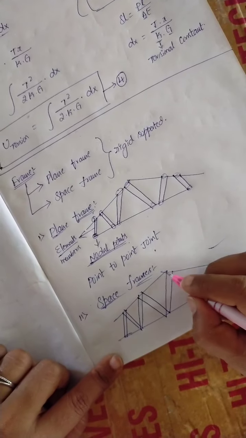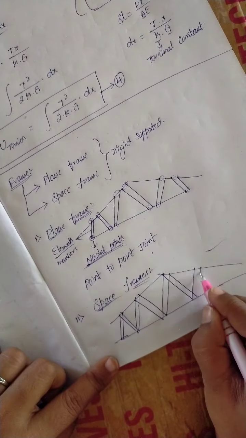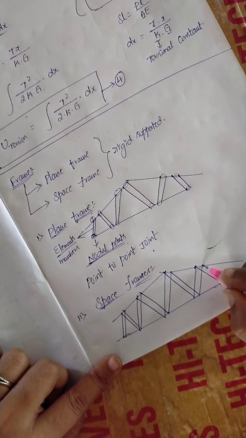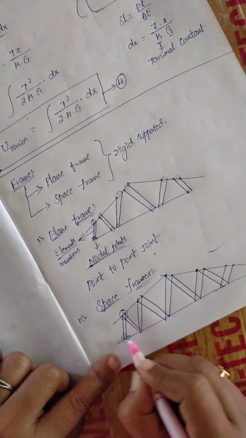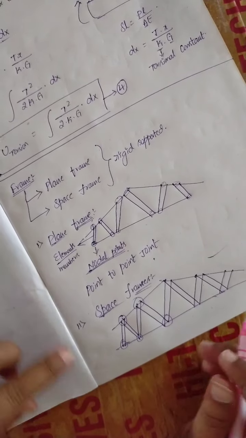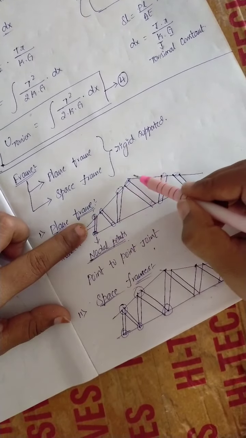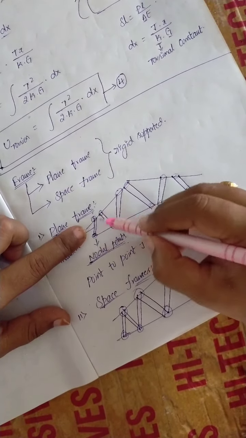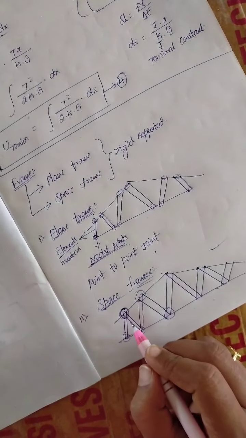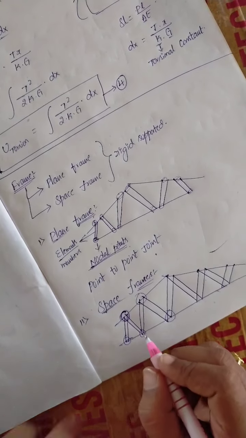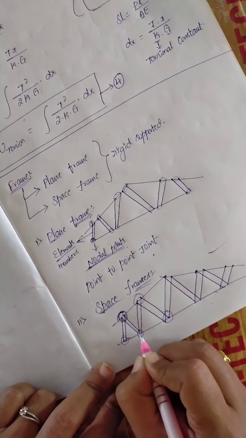Actually this simple a space frame won't be available, but for our understanding I am showing a very simple frame. See the nodal points. In a plane frame, the joining of the horizontal member and vertical member is point to point, separate. But here, some helping component will be there, which I showed in the figure in our Zoom class. In that one we insert these two elements.